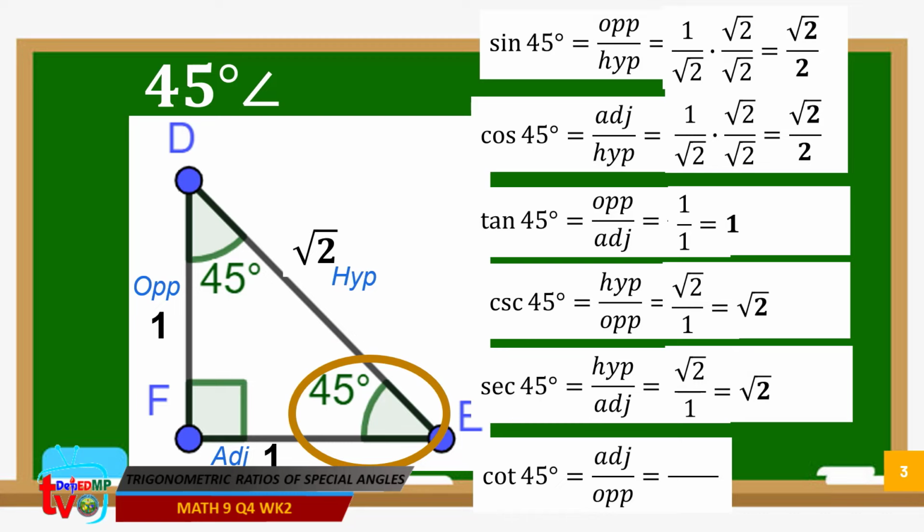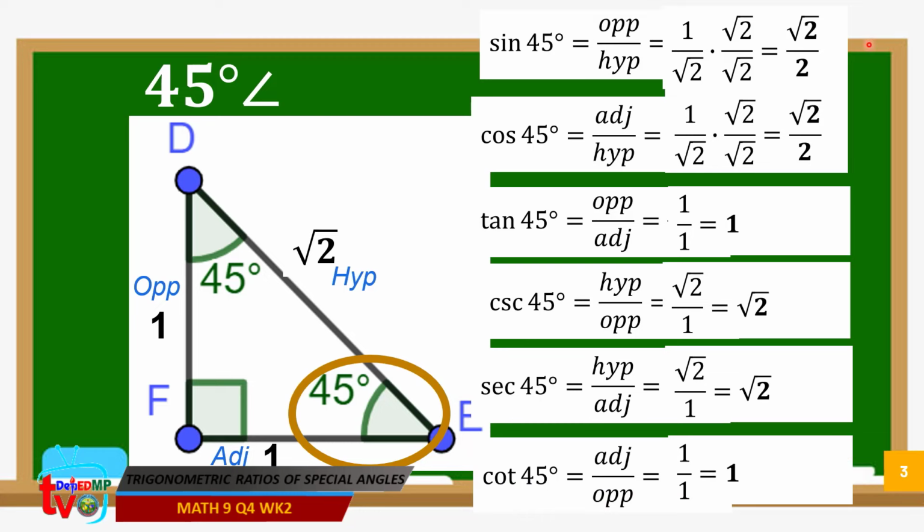So we have square root of 2 divided by 1 is square root of 2. Therefore, secant 45 degrees is square root of 2. And lastly, cotangent 45 degrees is adjacent over opposite. That's 1 over 1, which is simplified as 1. Therefore, cotangent 45 degrees is 1.